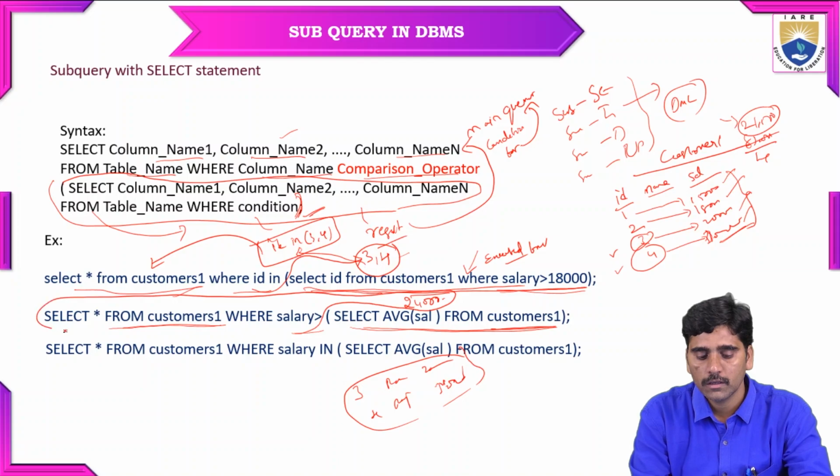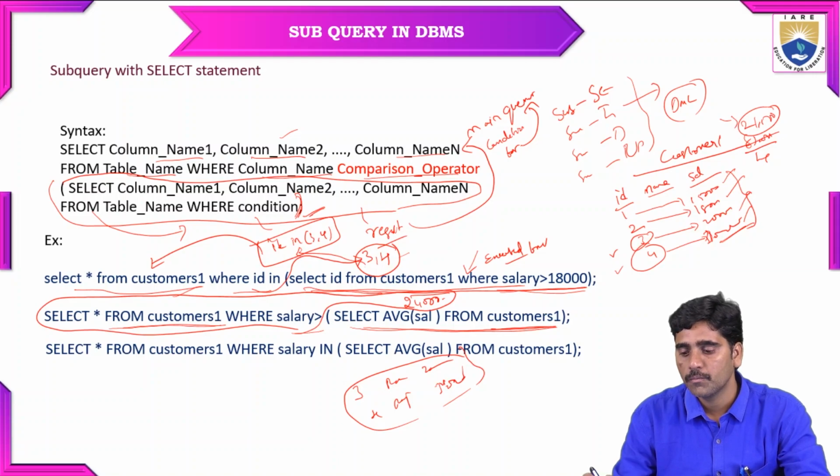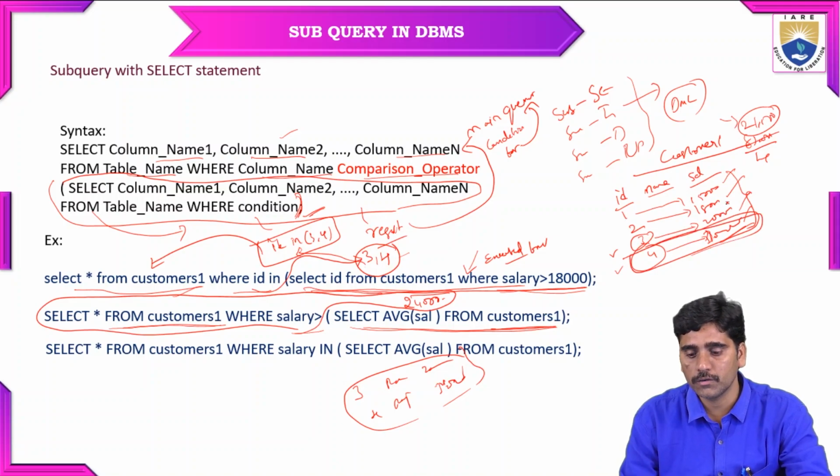From this table, who is the person having more than 24,000? Only the fourth employee has a salary greater than 24,000, so it displays only the fourth employee's values: Raj, 30,000.